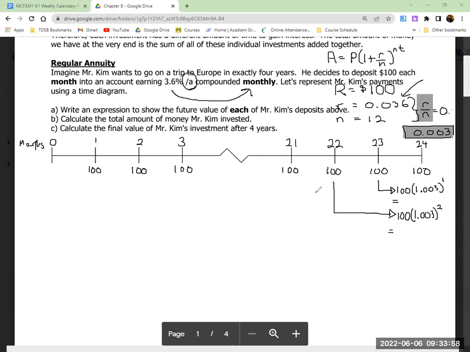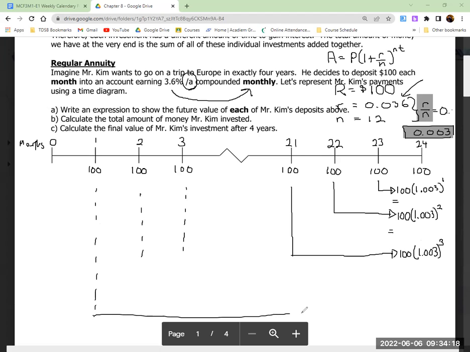How many months passed for that $100? 3. So all the way to this one. How many months passed? Be careful. How many months? 23.